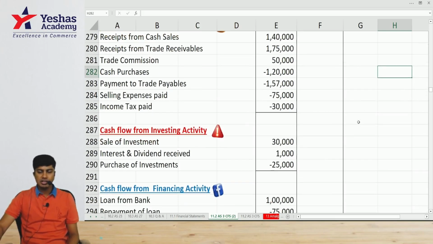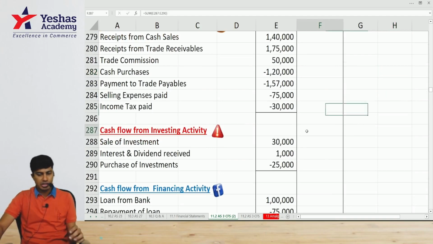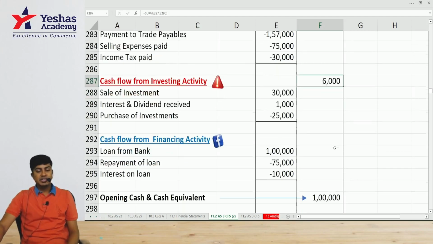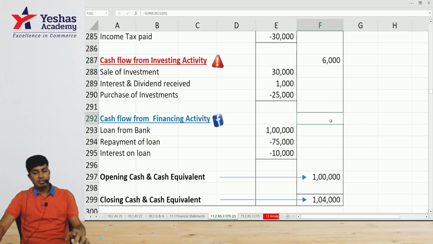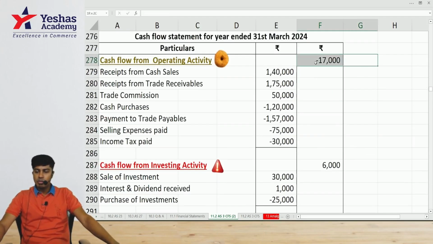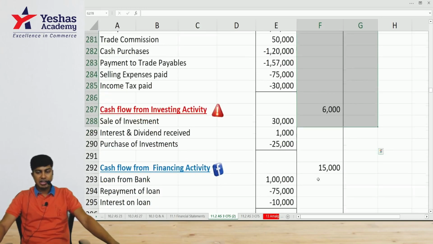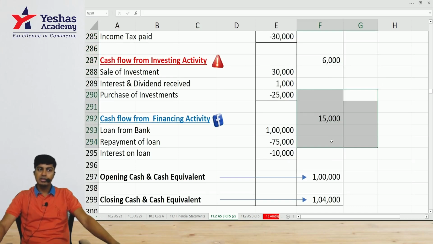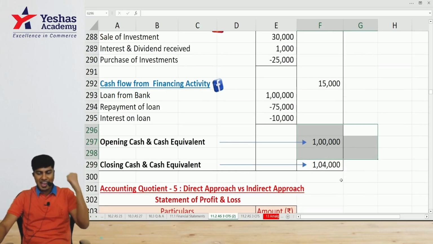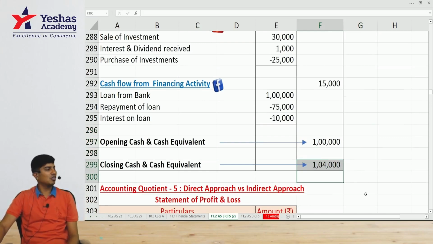How about investing? 30 plus 131 minus 25. 6,000 positive. There is cash flowing in to the extent of 6. Financing activities 1 lakh minus 85. 15,000 positive. Take your calculator. Do minus 17 plus 6, you get minus 11, plus 15, plus 1 lakh. Closing cash and cash equivalent is 1 lakh.